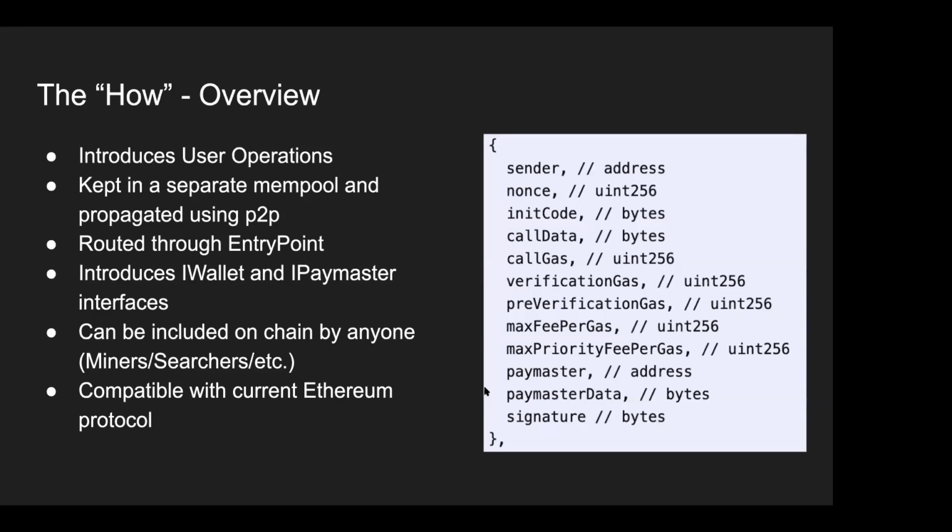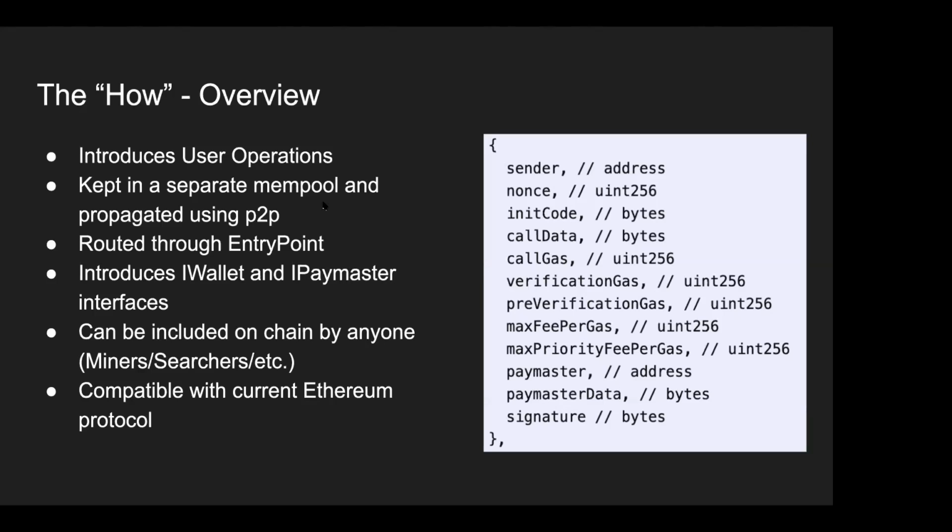So how does this proposal work? ERC-4337 introduces the concept of user operations. These are structs, like you can see here on the right, and they have 12 fields. They specify everything from where it should be routed to, the signature that's used, if there's a Paymaster, and lots of other custom fields.